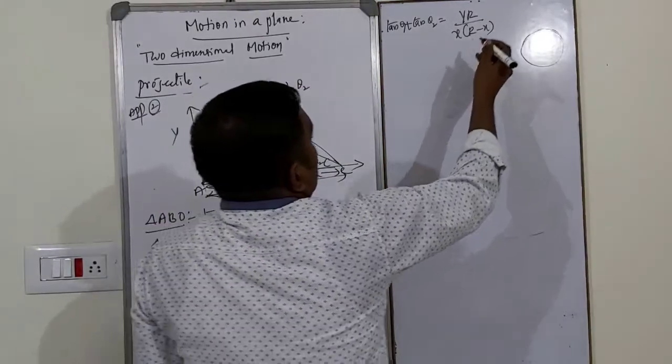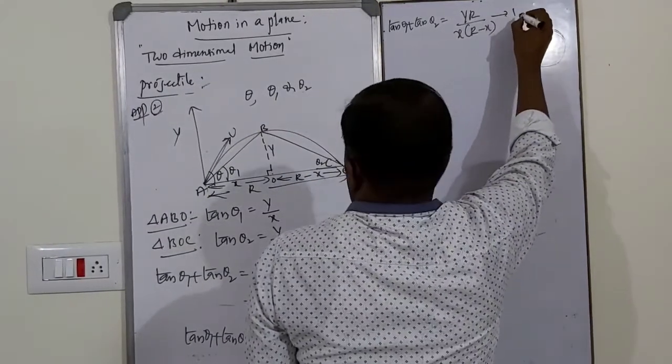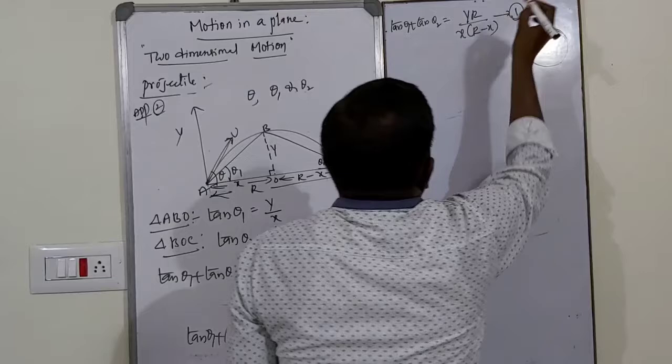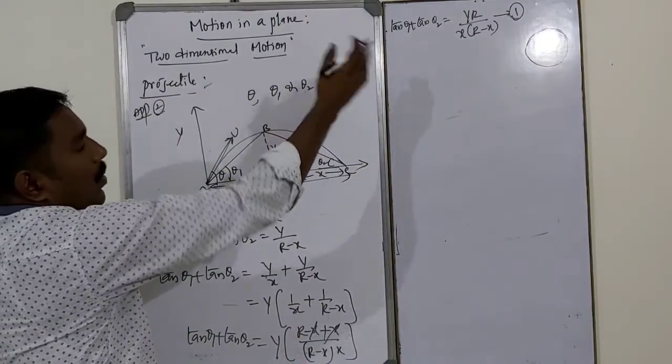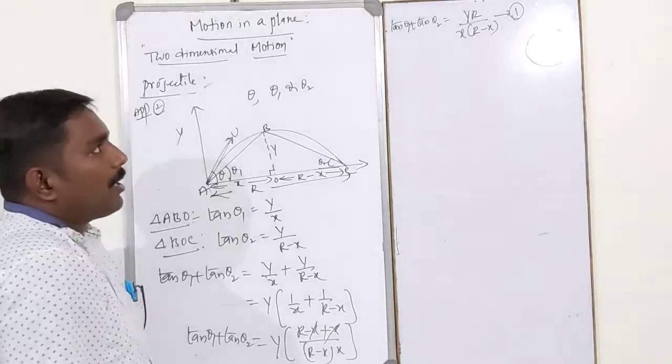Okay. So this is equation number 1. Suppose this is equation number 1. Tan theta 1 plus tan theta 2 is equal to what? y r by x into r minus x.